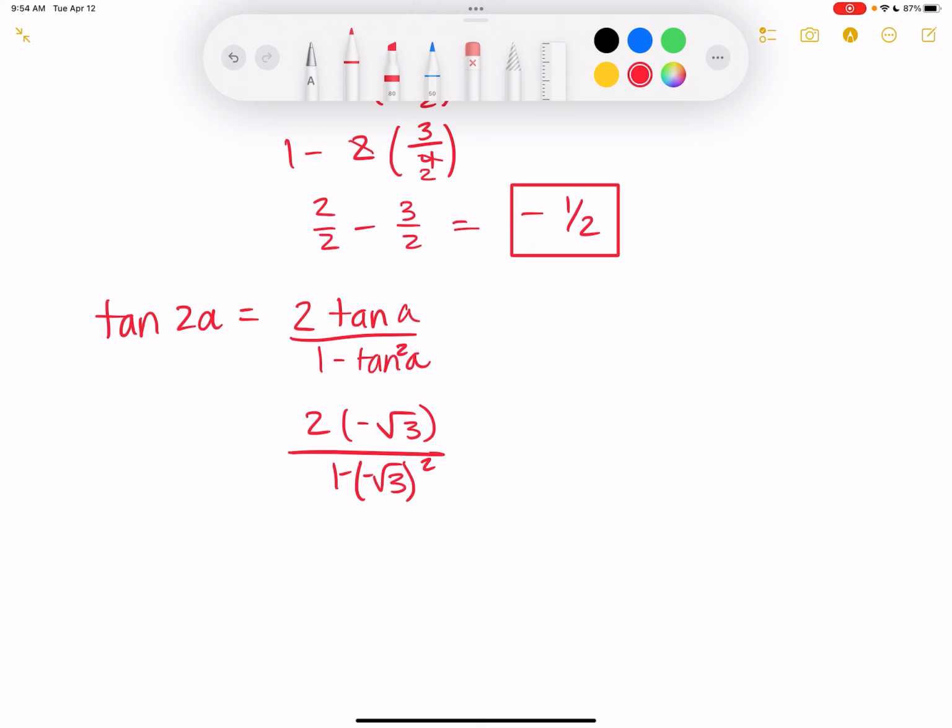So the negative on the square root of 3 that's getting squared is going to be positive, but it's going to be 1 minus whatever that value is. So on top, it's negative 2 root 3 over 1 minus 3. This part's going to become 3, so 1 minus 3. So negative 2 root 3 over negative 2, which is just square root of 3.